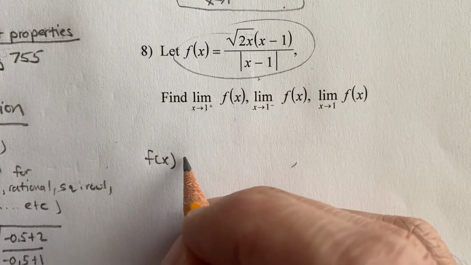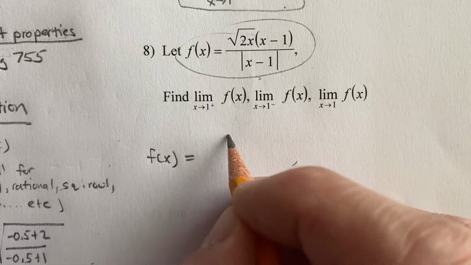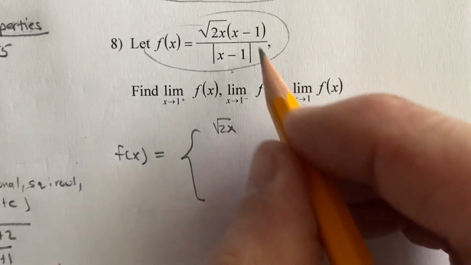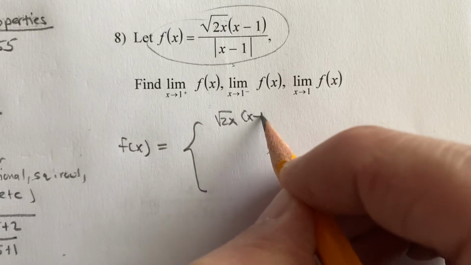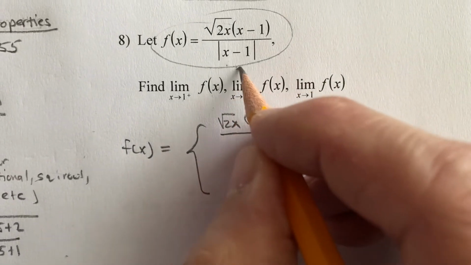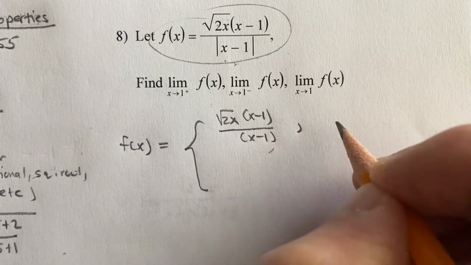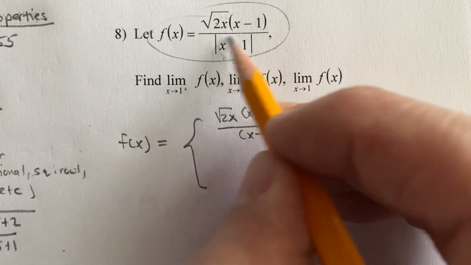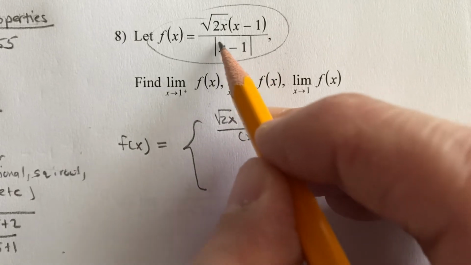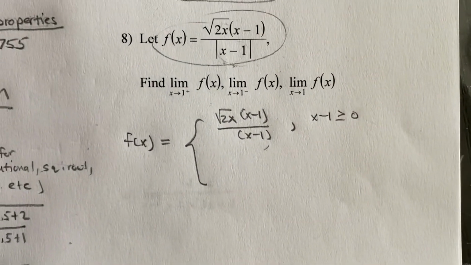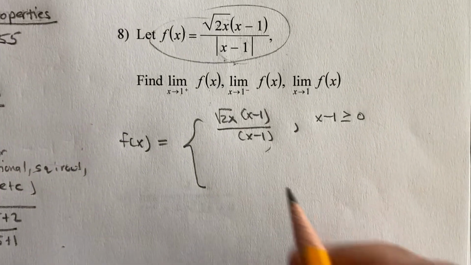Okay, all right, so I need to split it up by writing it like this. This is the square root of 2x over x minus 1, and I drop the absolute value symbol, x minus 1, comma, to get the domain right, I set whatever's inside the argument of my absolute value symbol greater than or equal to 0. Okay, so this comes from the definition of absolute value.